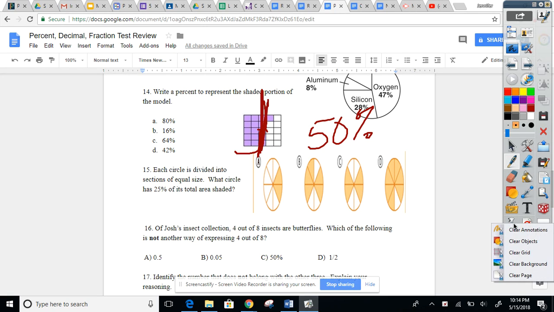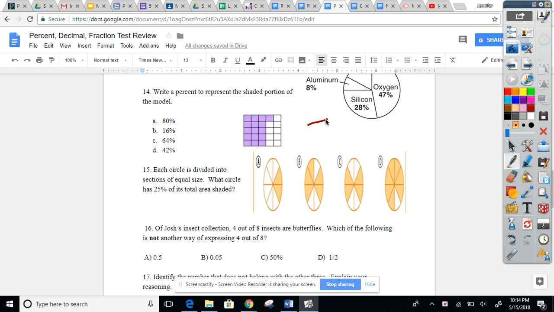To you, it should look like more than half is shaded. So if more than 50% is shaded, the shaded portion must be over 50%, so that knocks out D as my answer. It knocks out B as my answer. Now, that leaves me with A and C.